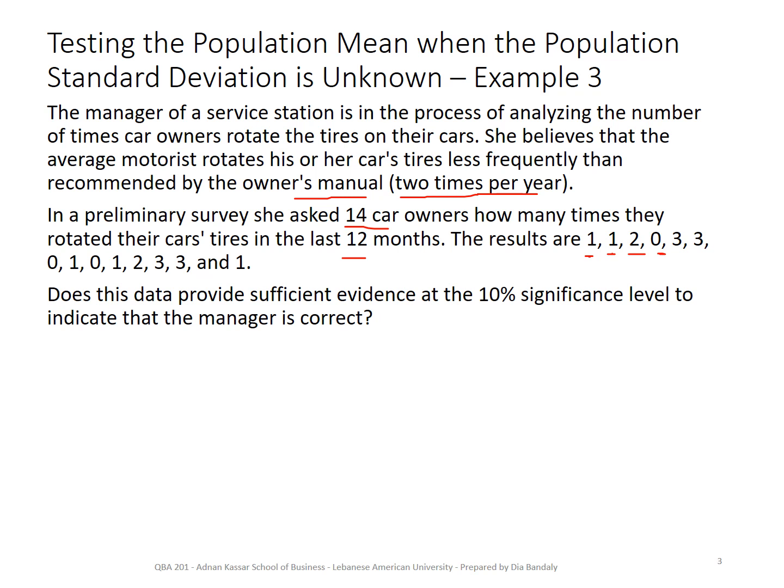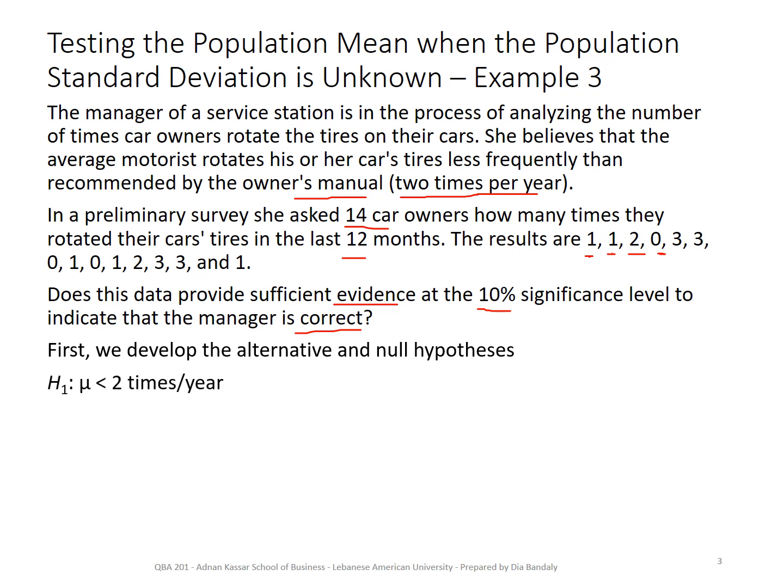The question is, does this data give us evidence at the 10% significance level about the manager's opinion, whether she's correct or not? So what do we do here? First, we have to develop our hypothesis. We always start with the manager's question, right? So she believes that the car owners are not going by the manual, which means she's saying that mu is less than 2 times.